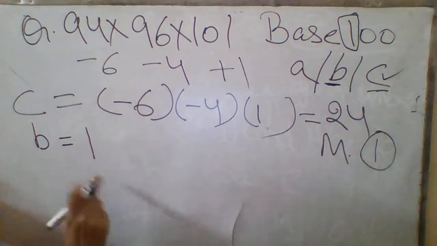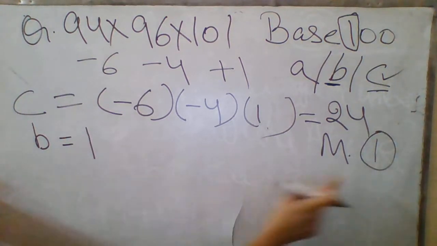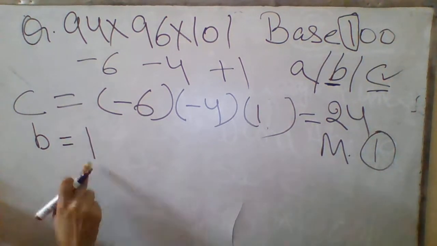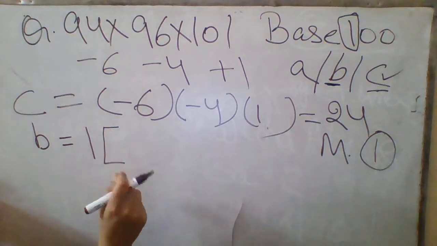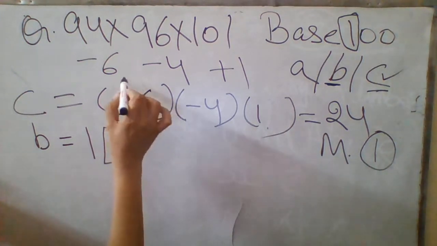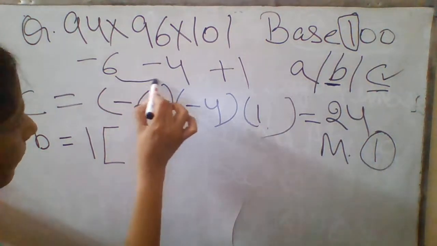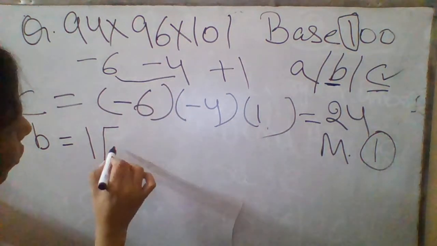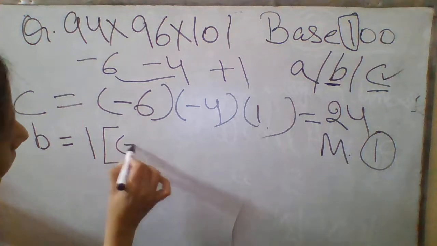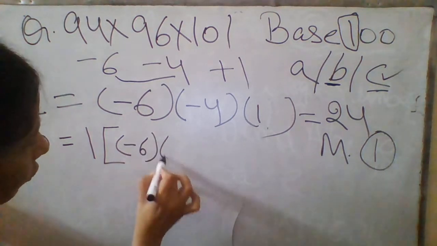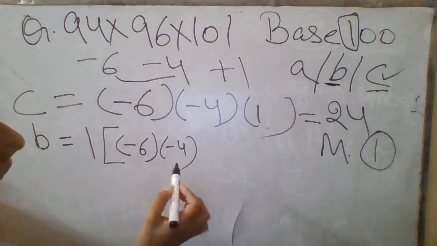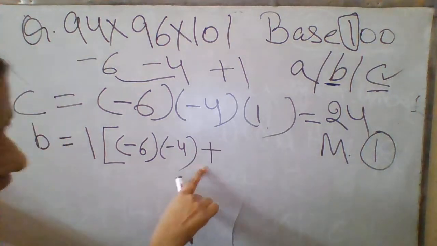Now you see how will you find out the value of B. First write down the multiplier here as it is. This is 1, so I have written this 1. Now in the bracket, you have to multiply these two terms, -6 and -4. Okay, so in the bracket now -6 into -4. Then put the sign of addition here.